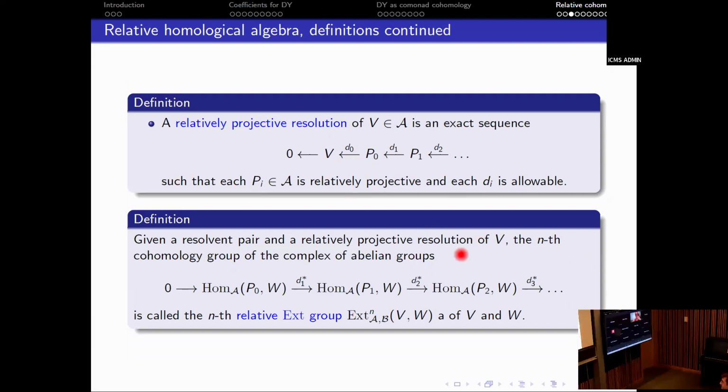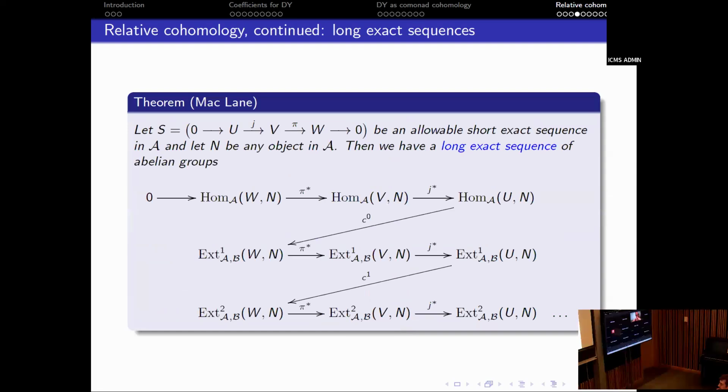And then given a resolvent pair and a relatively projective resolution, we can define cohomology groups, and this is the relative Ext group, and here this is the notation (A, B), which stands for the whole adjunction, obviously. Good.